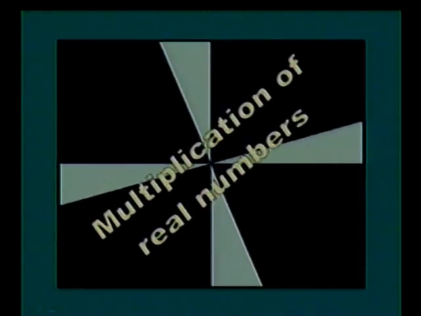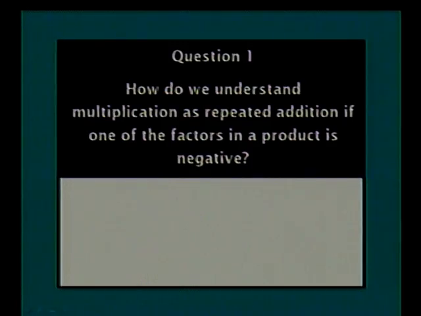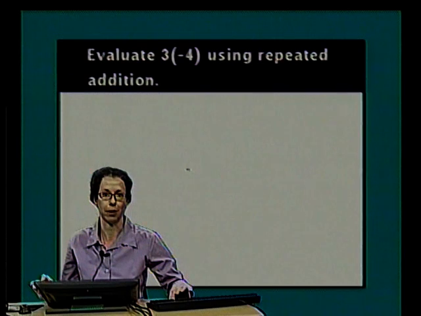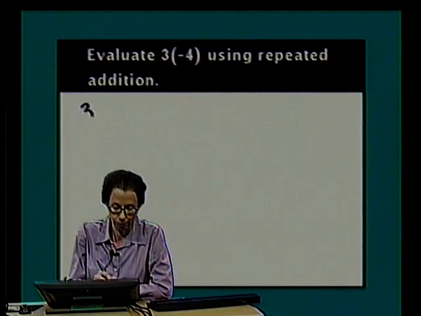When we talk about multiplication of real numbers, we need to throw negative numbers into the mix. So how do we understand multiplication as repeated addition if one of the factors in the product is negative? So let's look at the product 3 times -4.